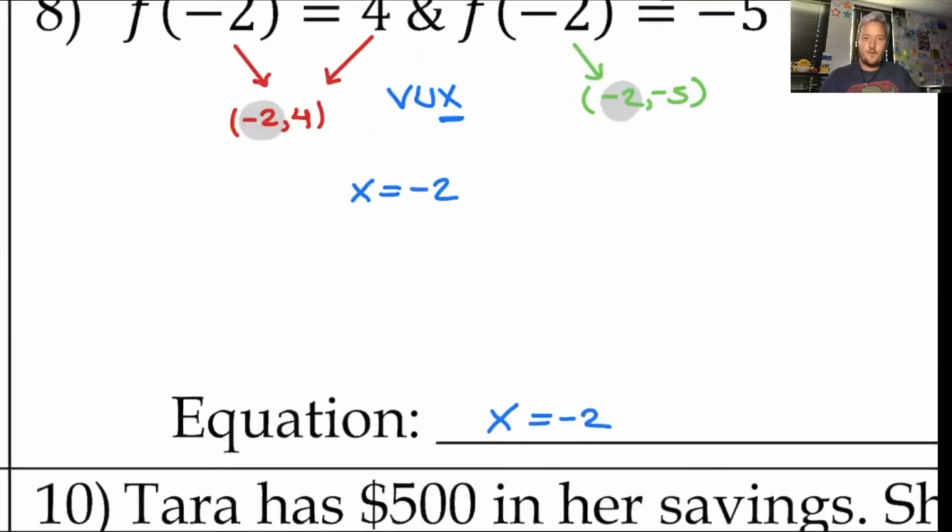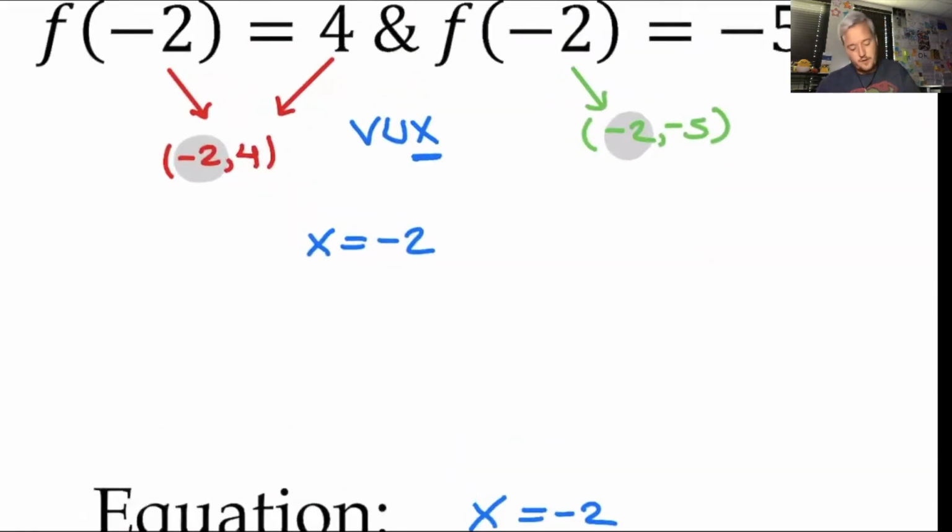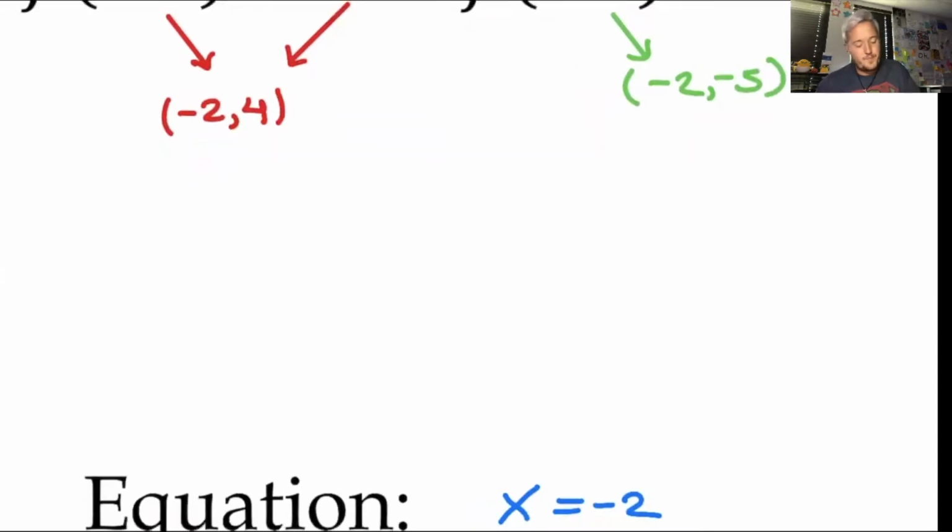All right, so kind of like before, if you don't recognize the pattern, there's still another way to do it mathematically. So let's say we start by finding the slope.